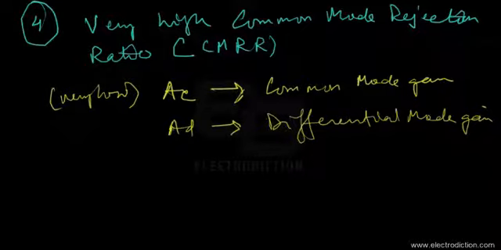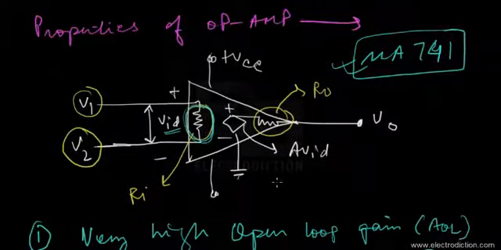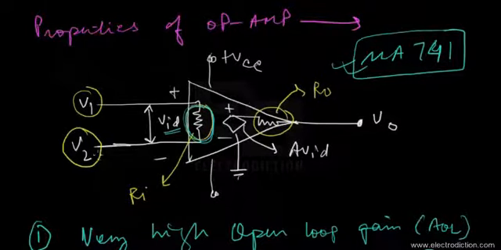Differential mode gain represents the gain provided by the op amp in amplifying the voltage components present in one of the input voltages and absent in the other, that is, the difference of the input voltages.